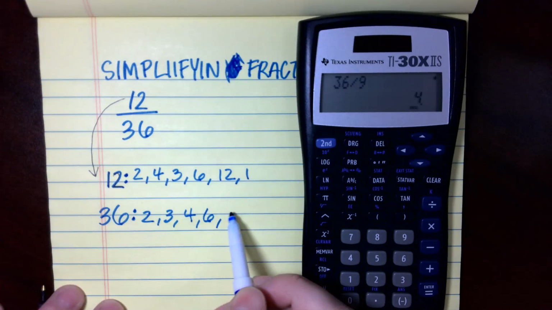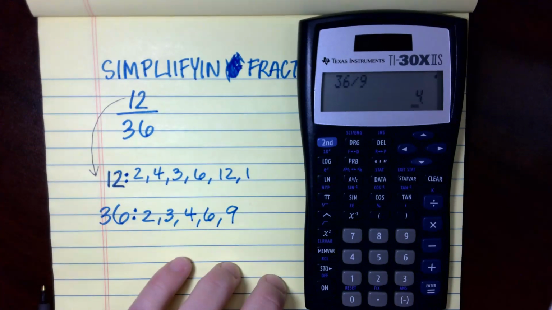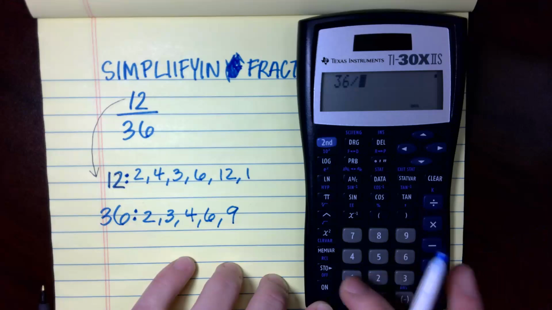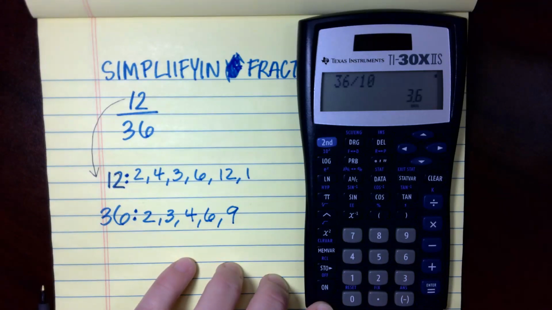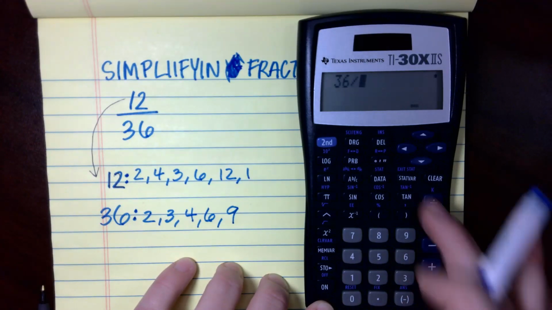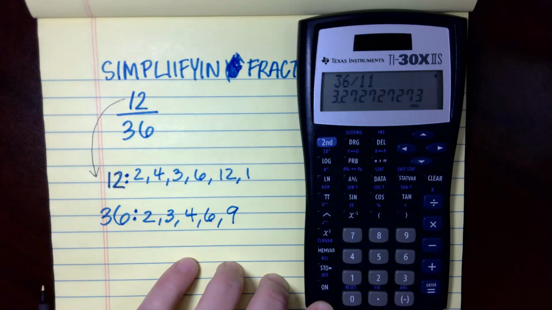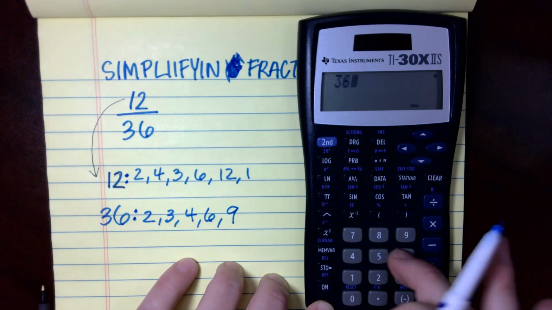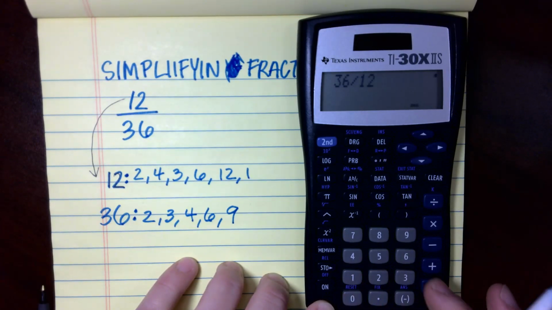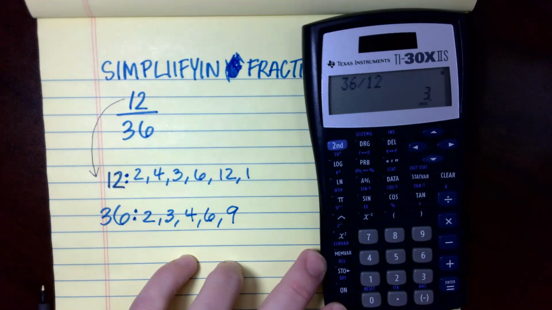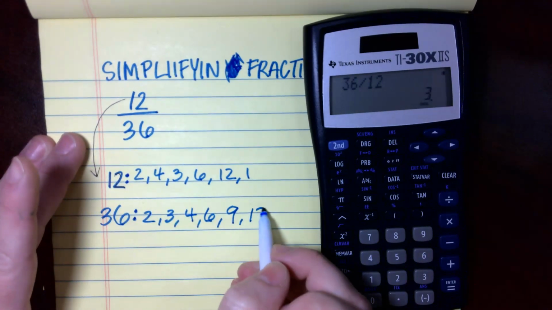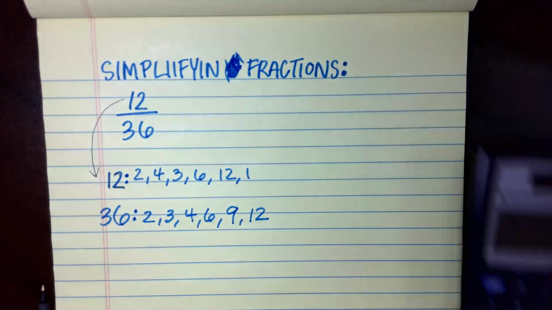Yes, so I'll put 9 there. 36 divided by 10. Nope. 36 divided by 11. Nope. 36 divided by 12. Yeah, that works. Okay, so now I've got all these numbers written down.